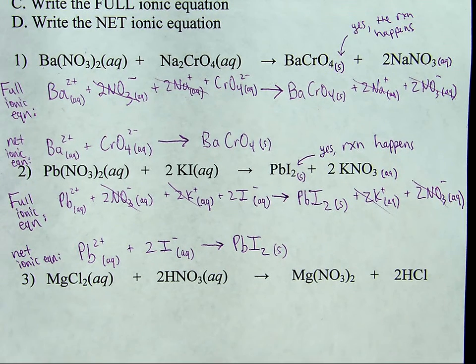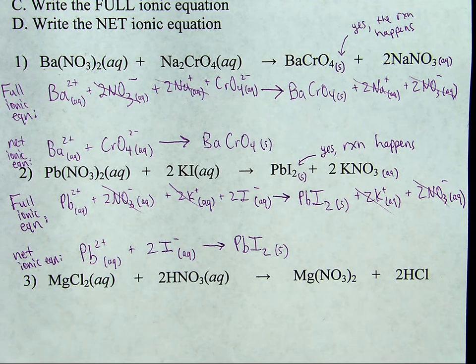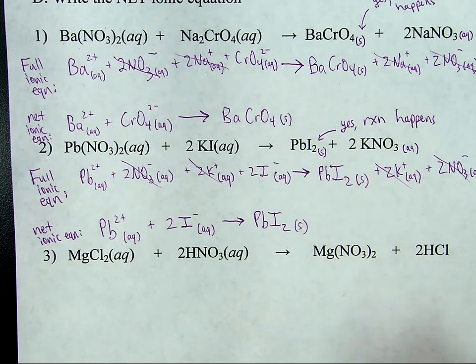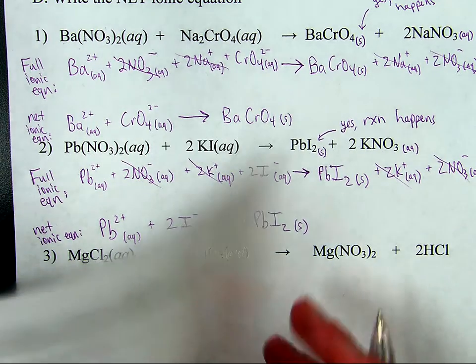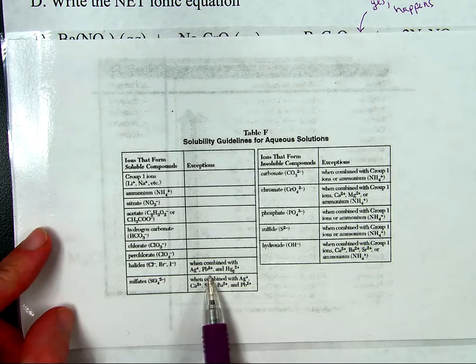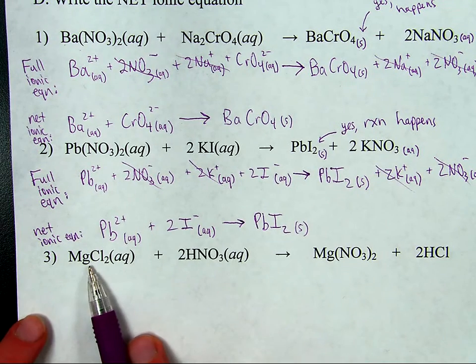Okay, so that being done, that leaves the last and final one, and we're going to go about it the exact same way. Alright, so magnesium chloride. According to this, all chlorides are soluble unless it's with silver, lead, or mercury, and that's not what this is. It's neither silver nor lead nor mercury, so it's soluble.